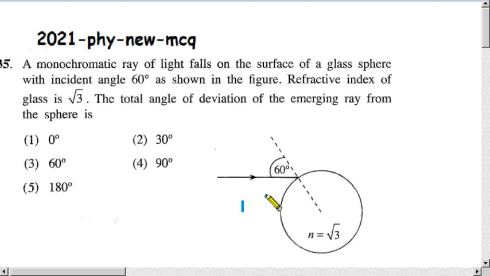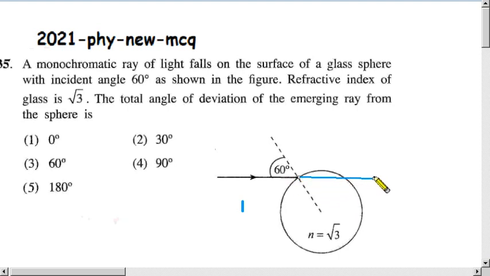For air the refractive index is 1, and this root 3 is close to 1.7. So this one is higher than the refractive index for air outside. So when a light ray is trying to enter a medium whose refractive index is higher, it bends towards the normal. So this line is the normal to the surface at the incident point.